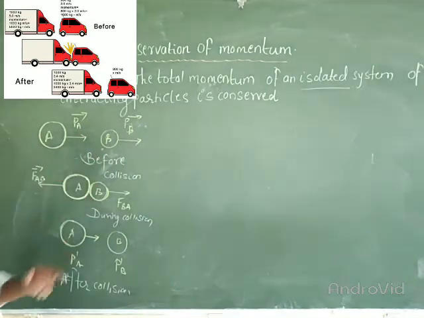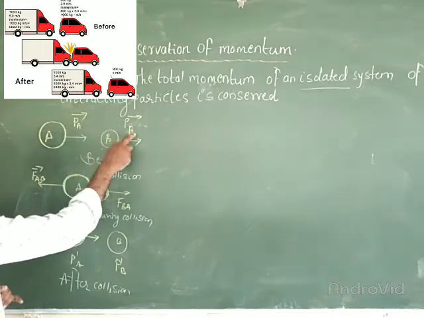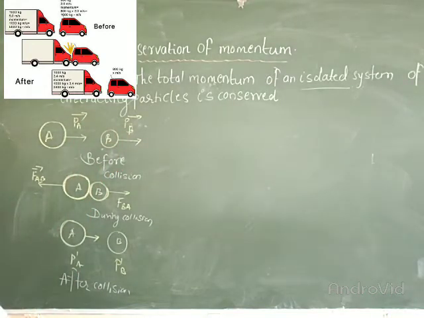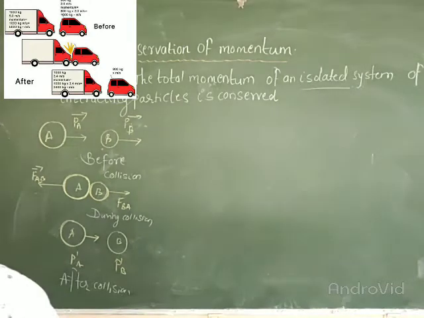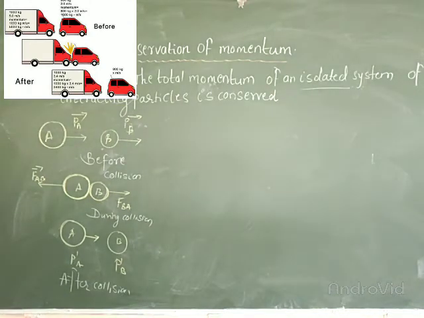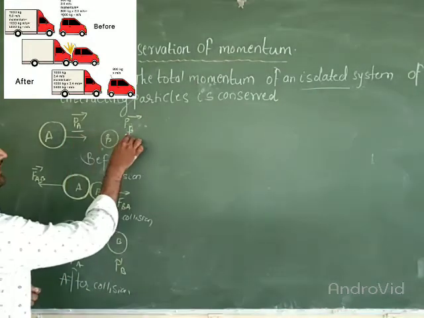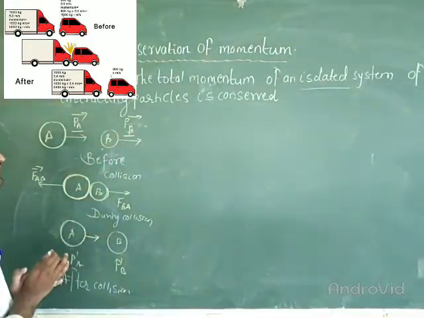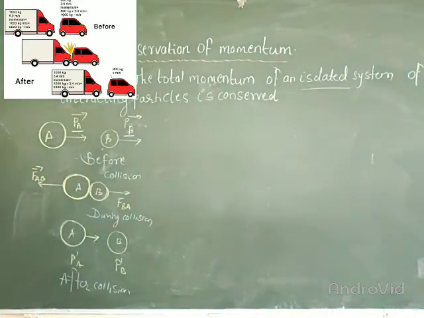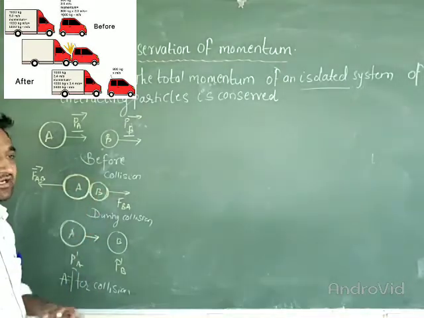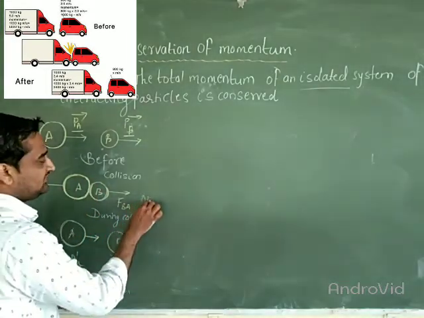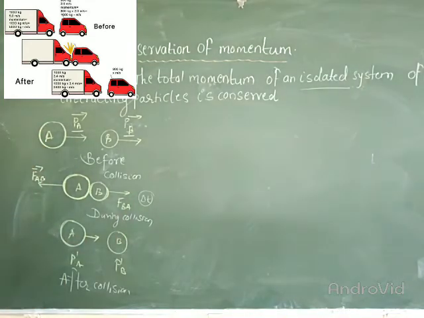The momenta of the bodies A and B are PA and PB, the initial momenta of the particles before the collision. The two bodies will collide in a short interval of time delta t. These two bodies collide in a small interval of time delta t.